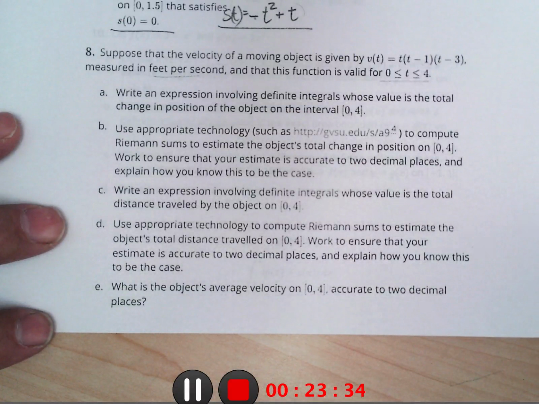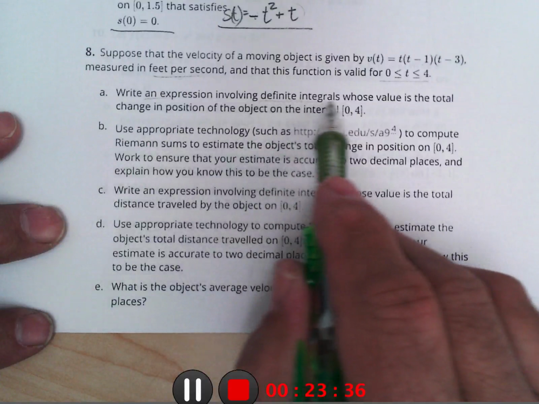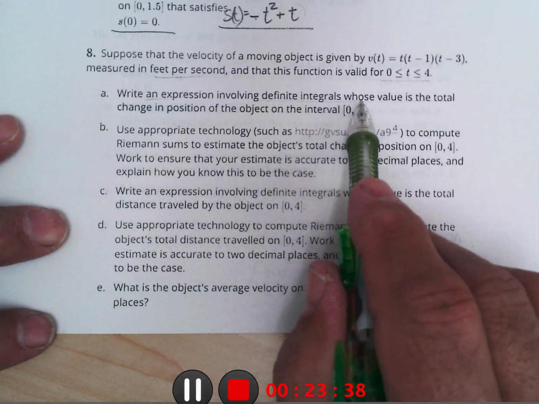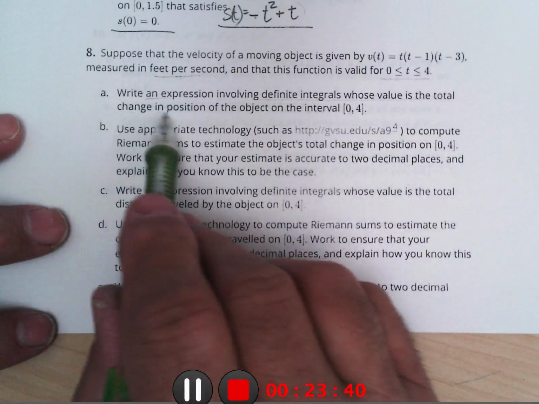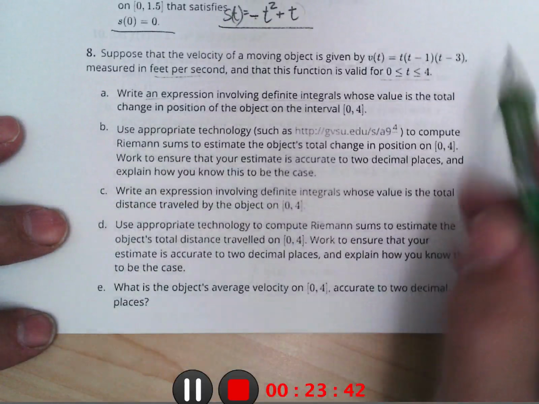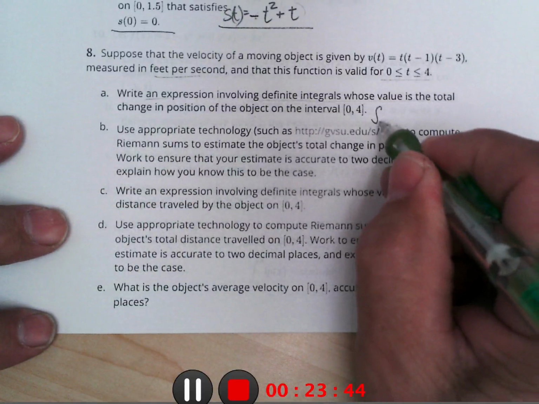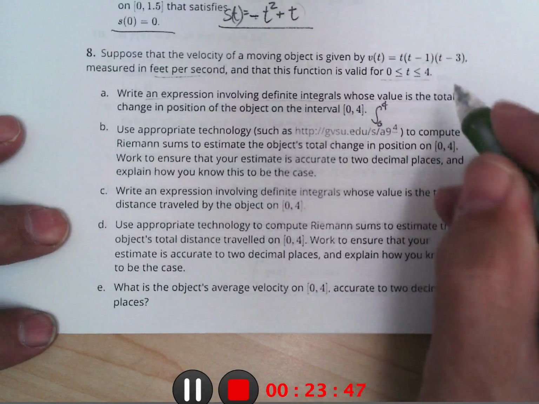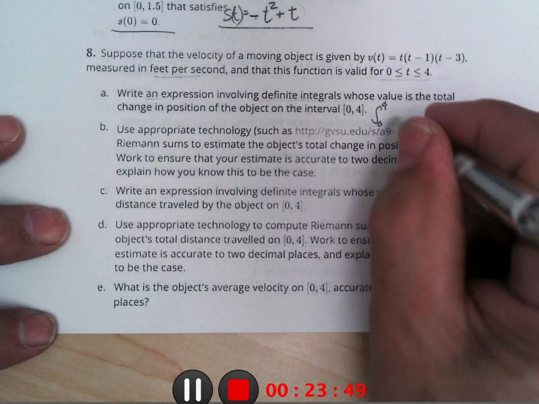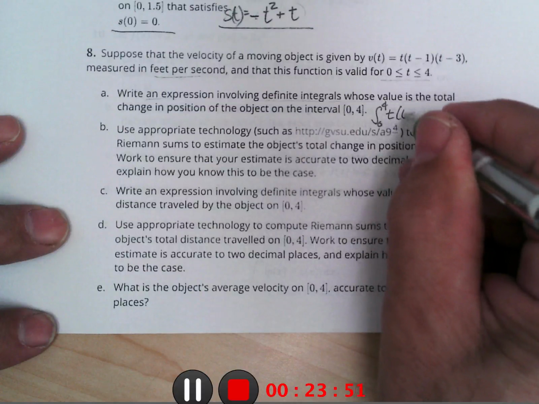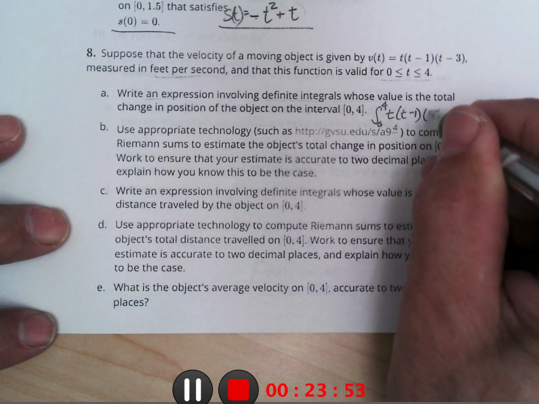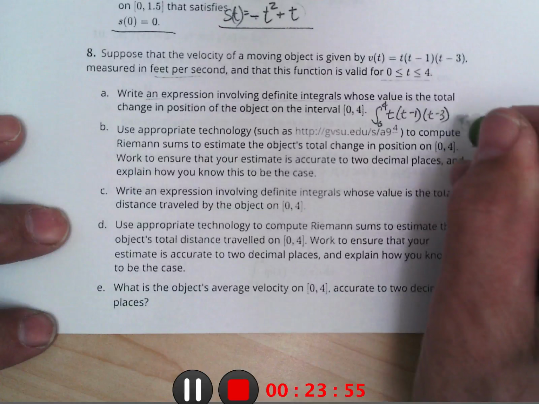Write an expression involving definite integrals whose value is the total change in position of the object. Well, that would be the integral from 0 to 4 of the velocity, which is t times t minus 1 times t minus 3 dt.